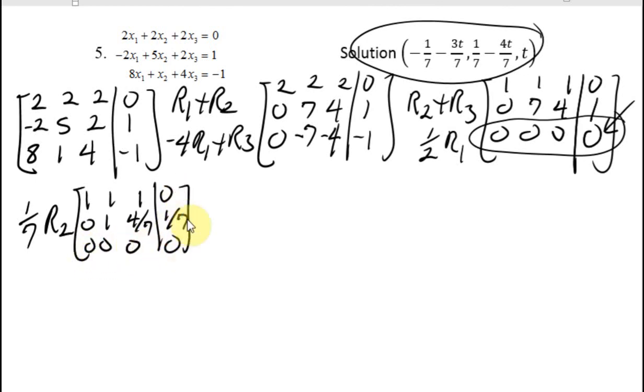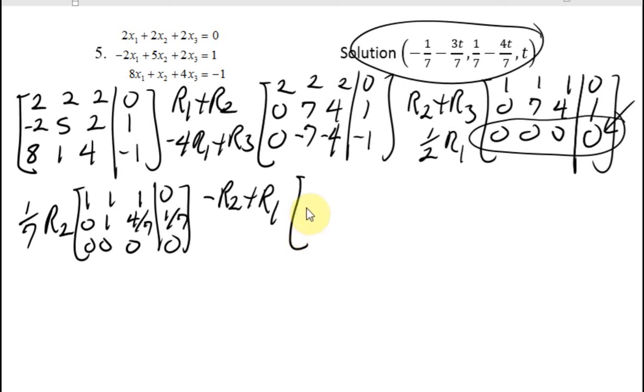And we get some fractions. We don't really care for fractions, but it's a part of life. So now we use the 1 at A22 to get a 0 above it. So we say negative times row 2 plus row 1.